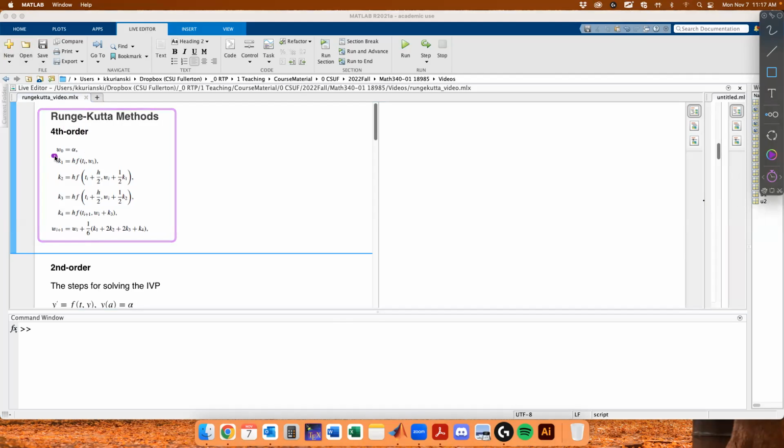So there's going to be like 4 intermediate steps that you need to perform before you update your solution approximation. The W's here represent approximations to the solution, y. And so w i plus 1 is the y evaluated at time t i plus 1. W sub 0 is the initial condition, and you'll implement this in your project.